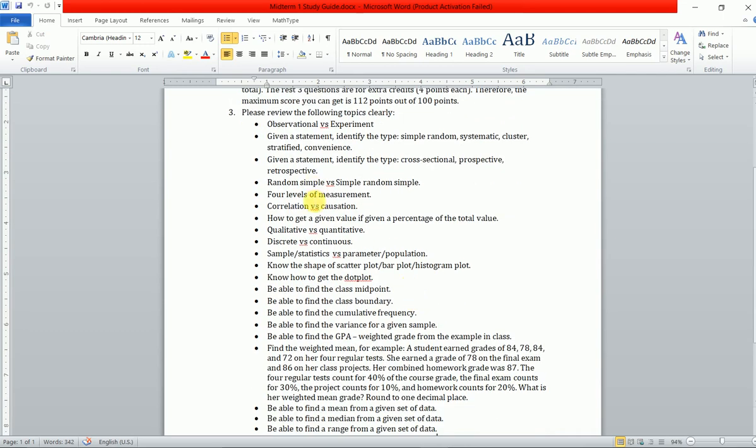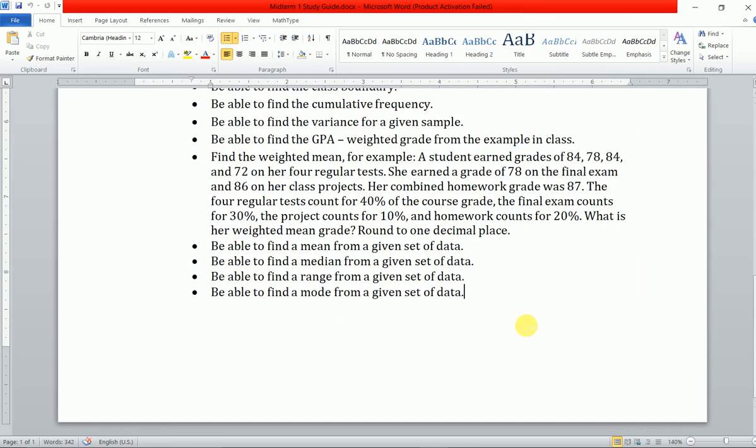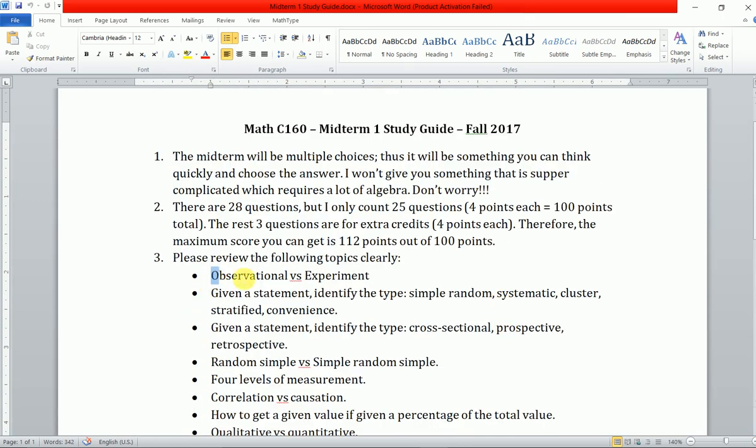Okay, so here are the topics that I would like you to review carefully. So let's go over this quickly. Observational and experiment. Remember, when we collect data, if we just observe and collect the data, we call that observational data.